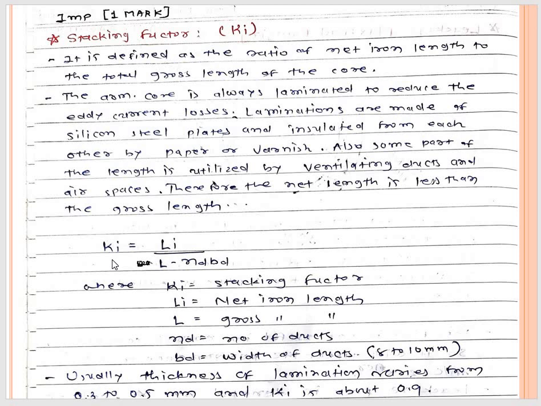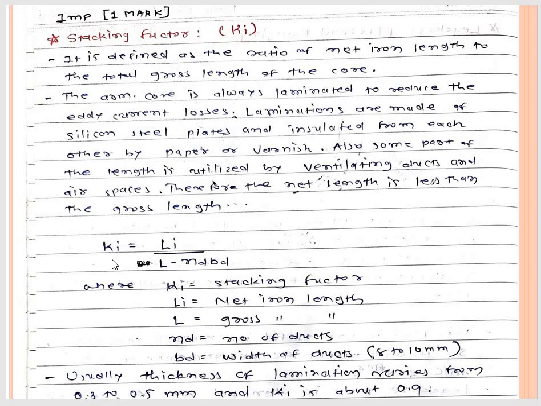Ki, the stacking factor, is equal to Li divided by L minus NdBd. Li is our net iron length, and L minus NdBd is our gross length, where Nd is the number of ducts and Bd is the width of the duct.